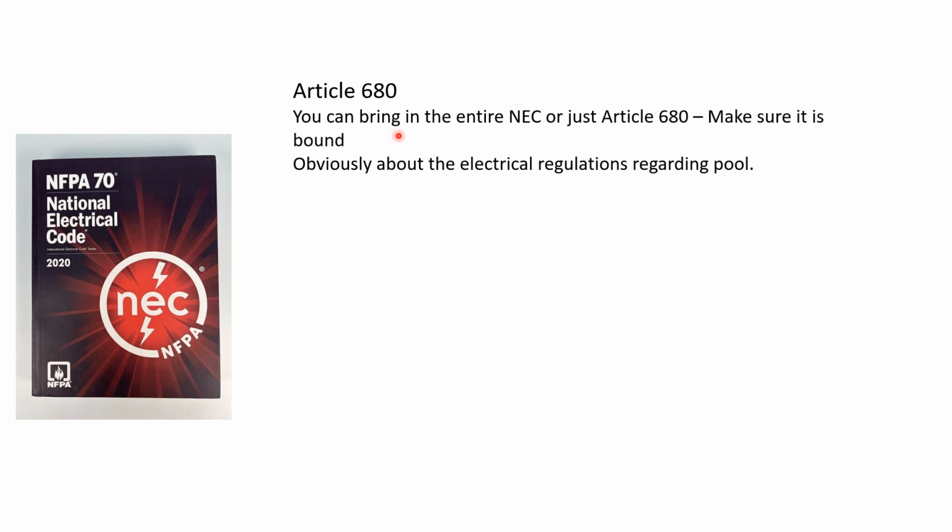Anything that goes into that testing center, they're going to want it to be bound, not in a folder, but in a 3-ring binder. And it's obviously about the electrical regulations regarding the pool. So it's pretty obvious that you're going to go to the NFPA 70, or what they call the National Electric Code.